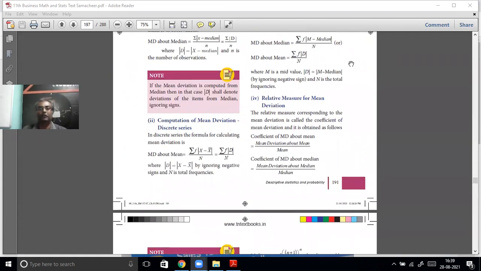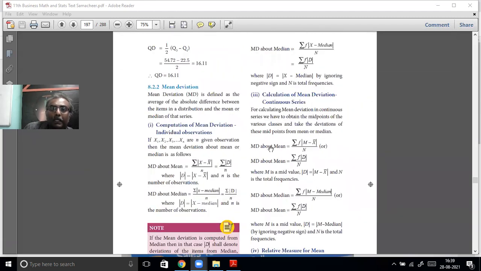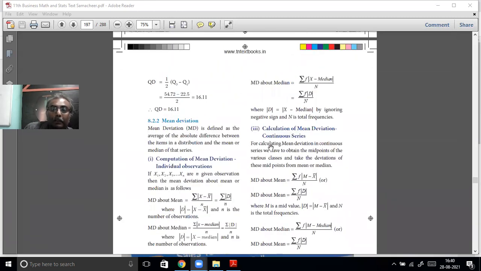Now for a discrete series, how will you calculate mean deviation? This is the formula for when the data is given as point data. Suppose data is given with frequency, you have to take one additional column. You have to find the mean first, then take x, then f.